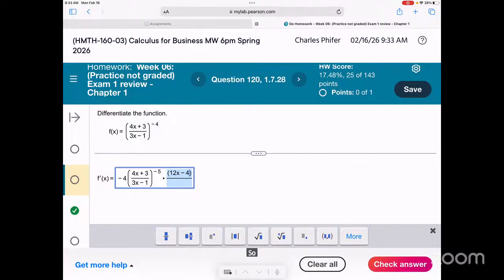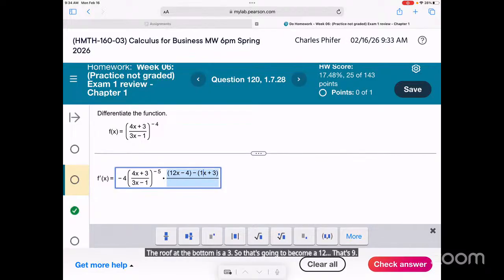So we said the bottom times the derivative of the top, minus the top, that 4x plus 3, times the derivative of the bottom, which is a 3. So that's going to become a 12, and that's a 9. Actually, that's a negative 9 and a negative 12. Okay, all over the bottom squared, 3x minus 1.